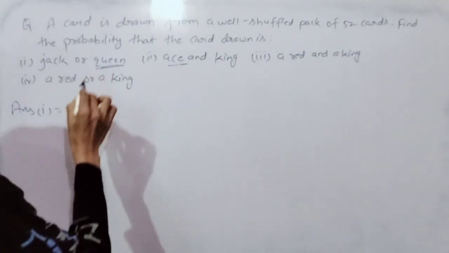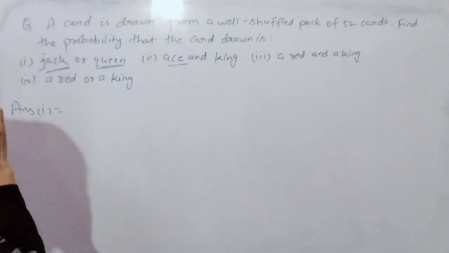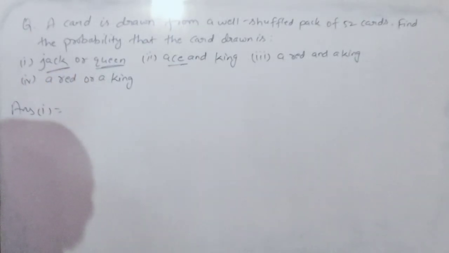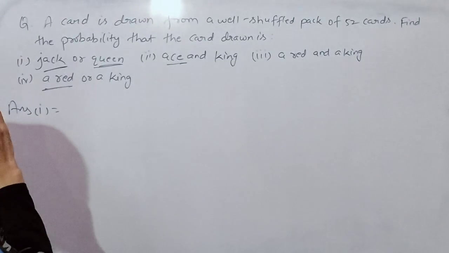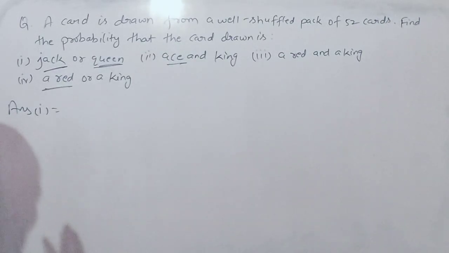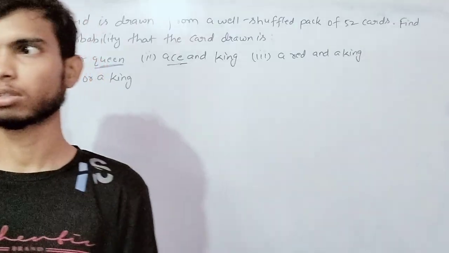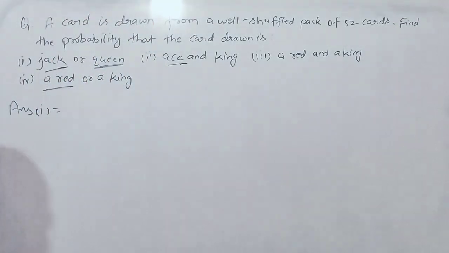The number of queen cards is 4 in 52 cards. Now for a red or a king. When it comes to red, the number of red cards would be how much? I think 26. Yes.